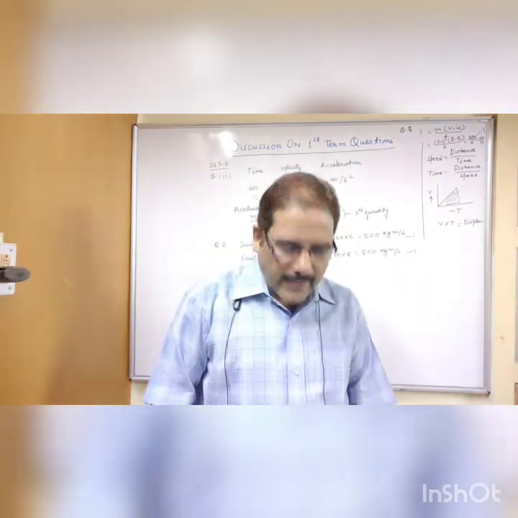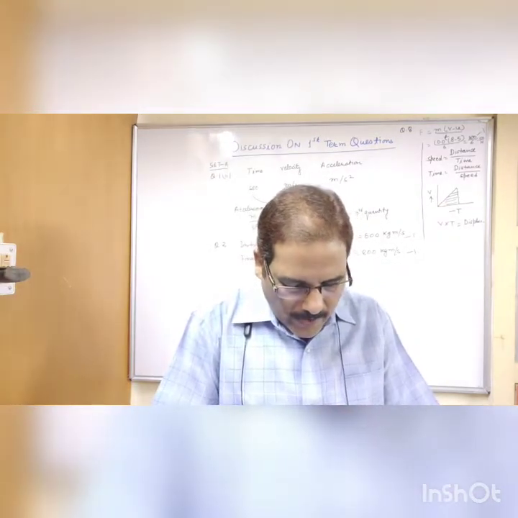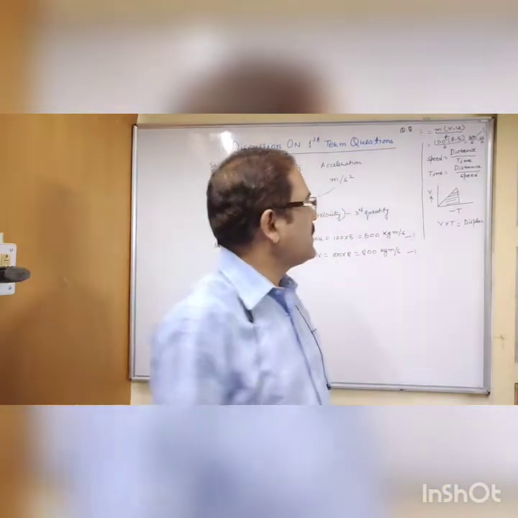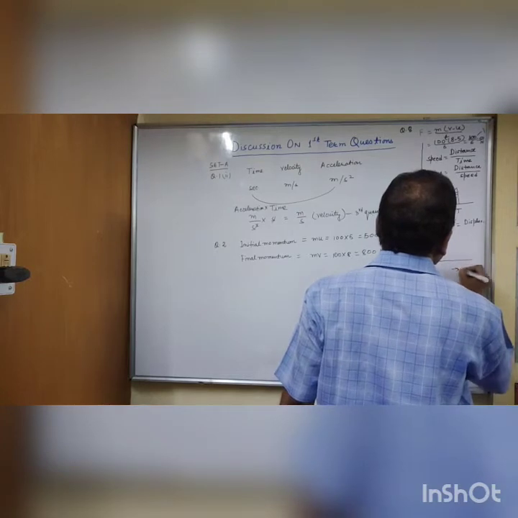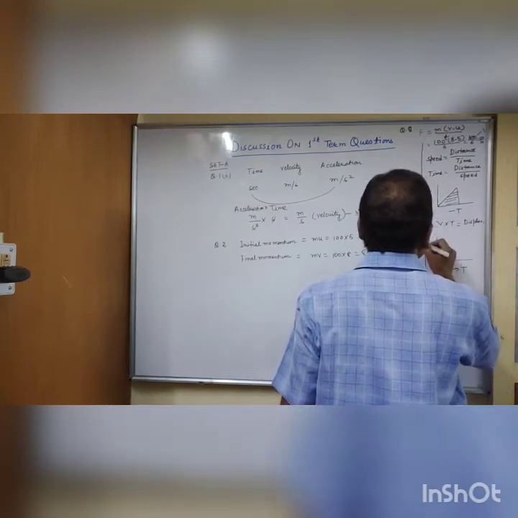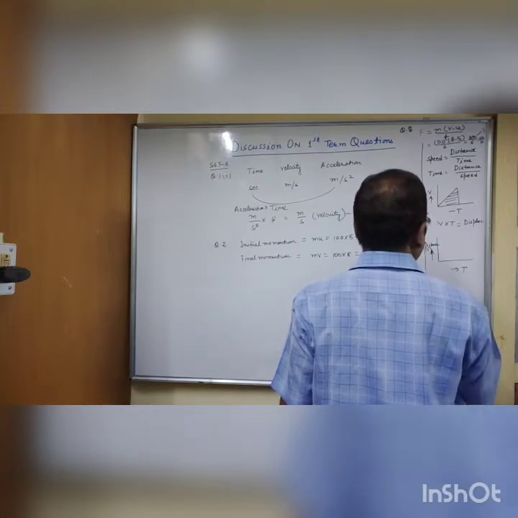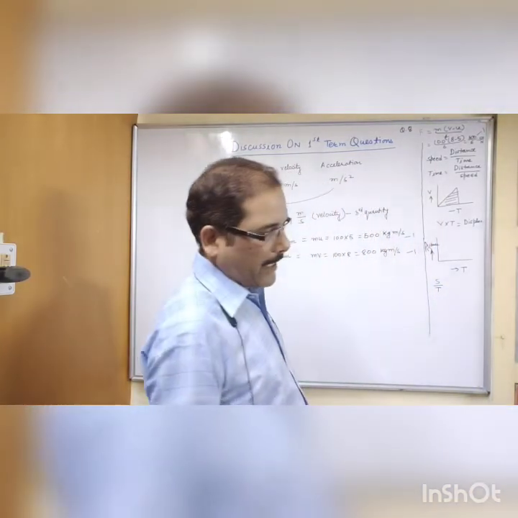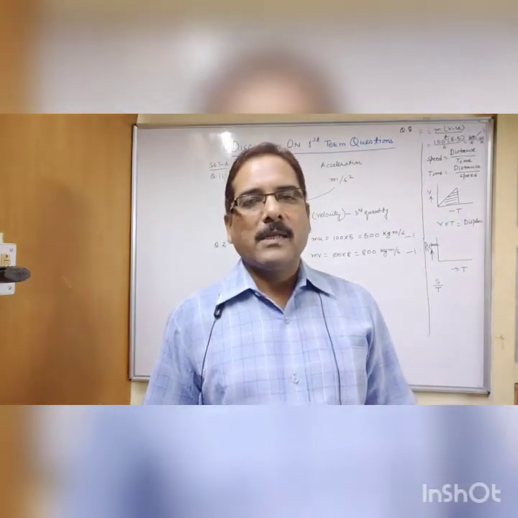Then question number 3: name the physical quantity denoted by slope of distance time graph. So suppose this is time and this is distance. Generally we represent it by letter S. Distance by time will give speed.